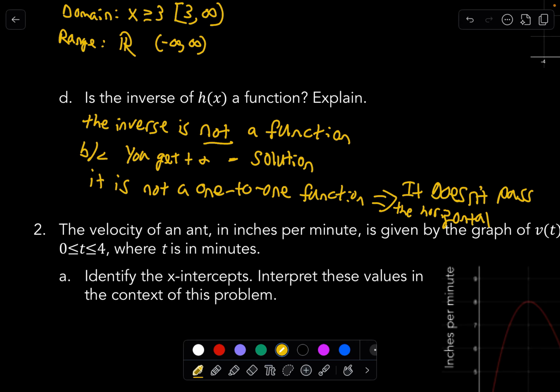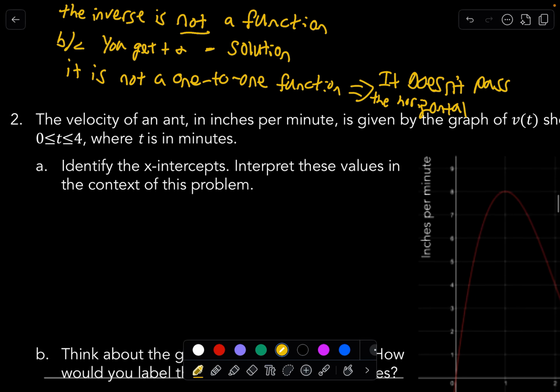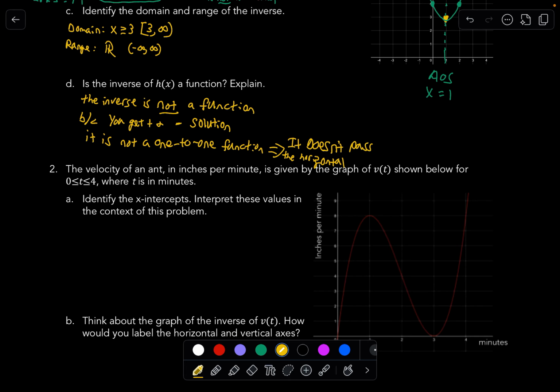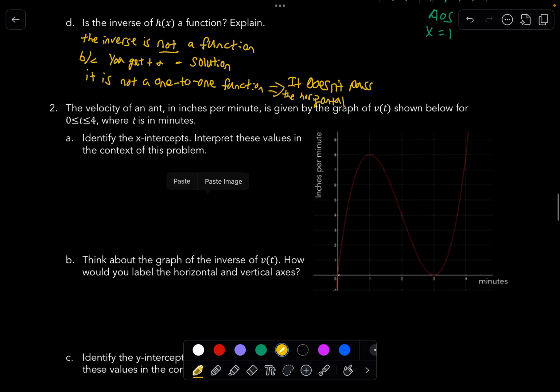Now, the velocity of an ant in inches per minute is given by the graph of v of t shown below, 0 to 4, where t is in minutes. Identify the x-intercepts. The x-intercepts are right there and there. Determine these values in the context. So the x-intercepts are, I'm going to write them as ordered pairs, 0, 0 and 3, 0.